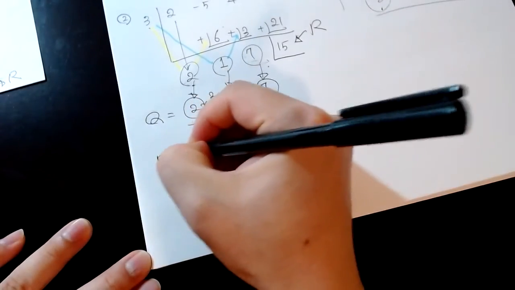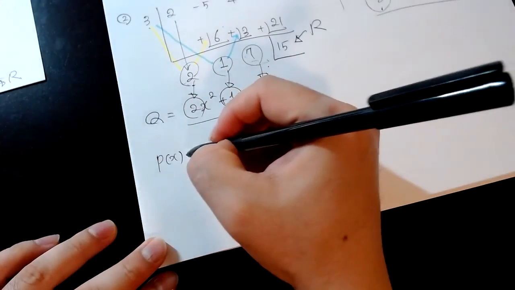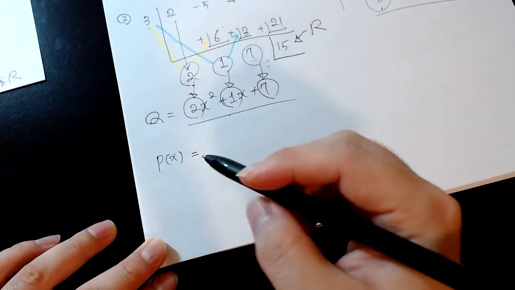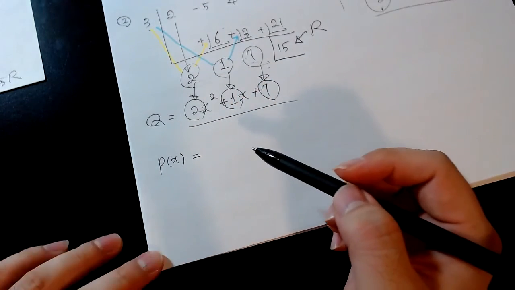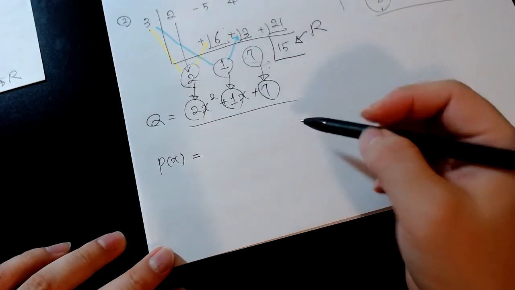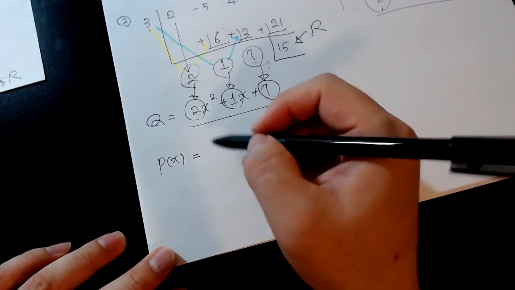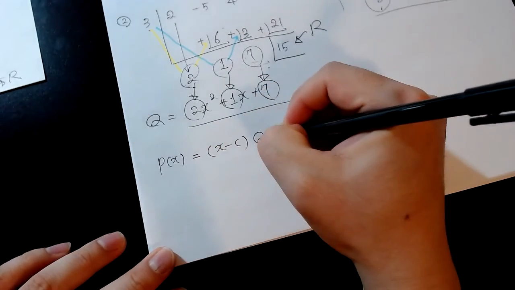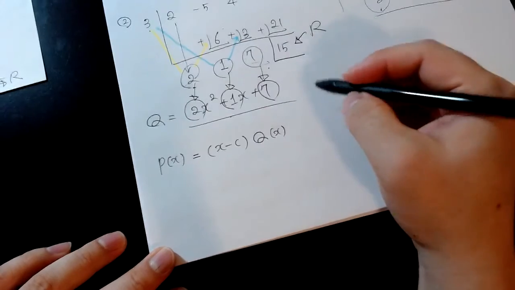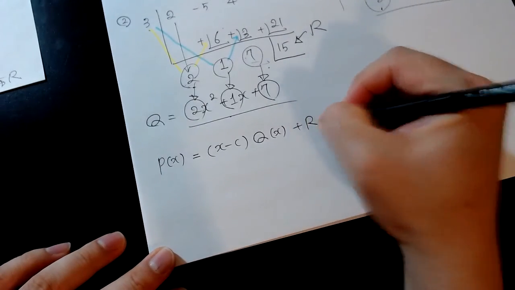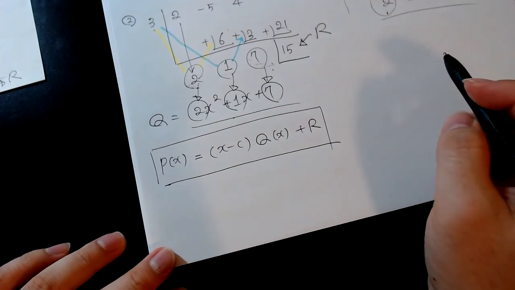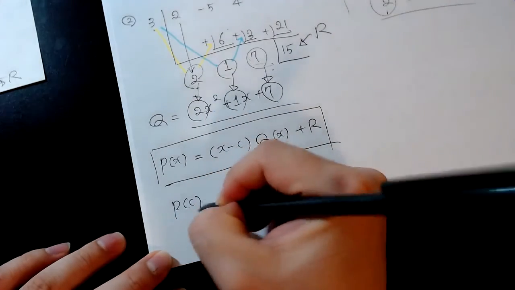So in general, let's say the divisor is x minus c. Then we get some quotient polynomial, the quotient function q of x, plus the remainder r. Once we get this expression using ordinary or synthetic division, then p of c is going to be what? r.